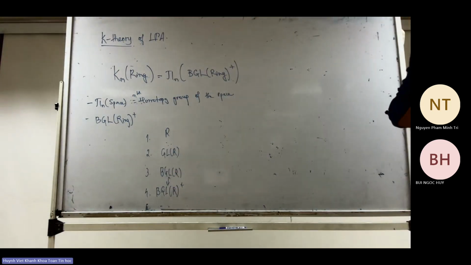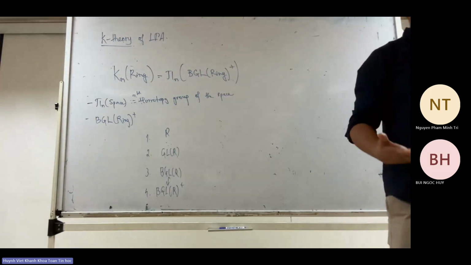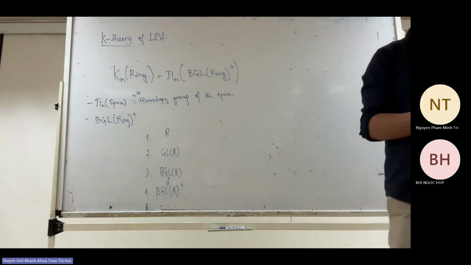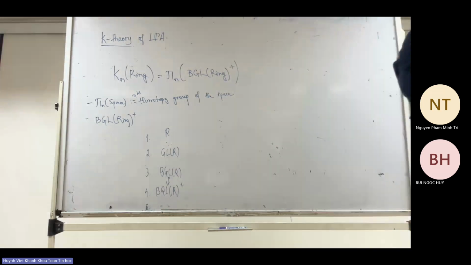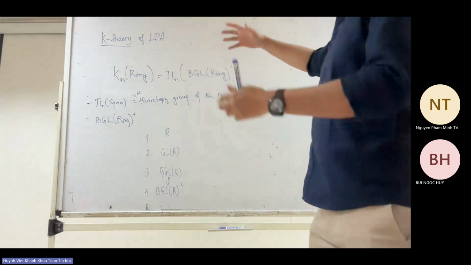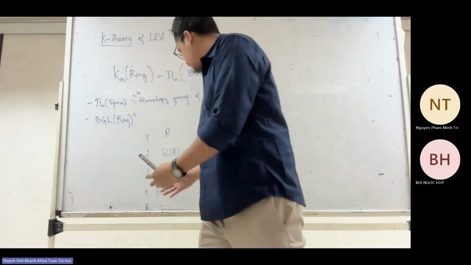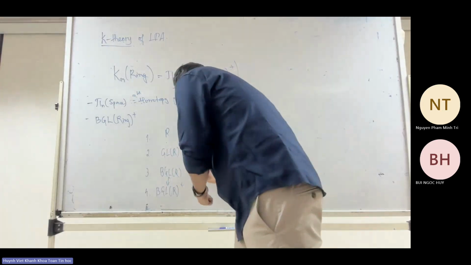Okay. So at this point of time, we will be treating a lot of these as black boxes, so that we can get the basic idea, get the ball going forward, and have enough prerequisites set up so that we can move forward. Okay. So the idea of K-theory in itself is something where you start with a ring, you go with the general linear group, then the classifying space.